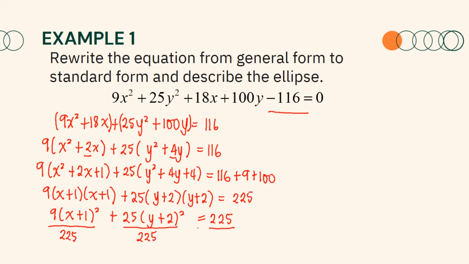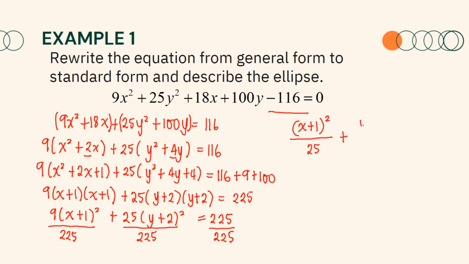Make sure to reduce the numerical coefficient and the denominator to lowest terms. So 9 over 225 is 1 over 25. Therefore, we will have (x + 1)² over 25, plus, on the other hand, 25 over 225 is 1 over 9.